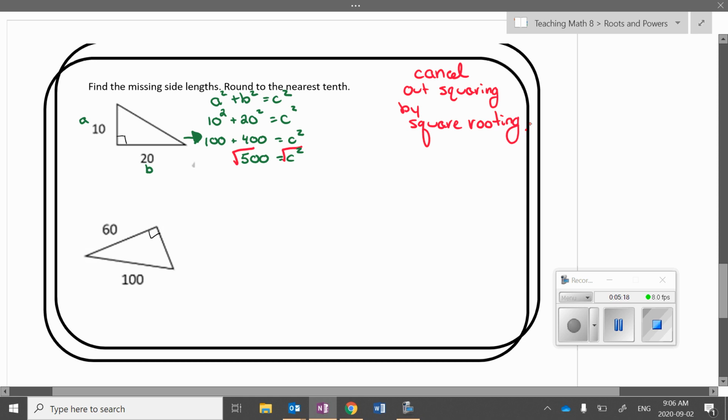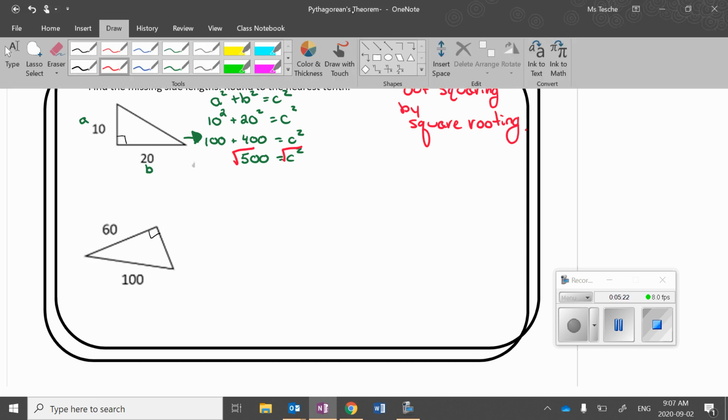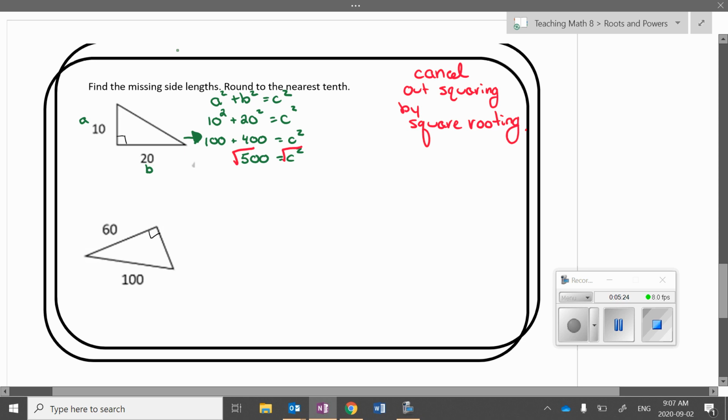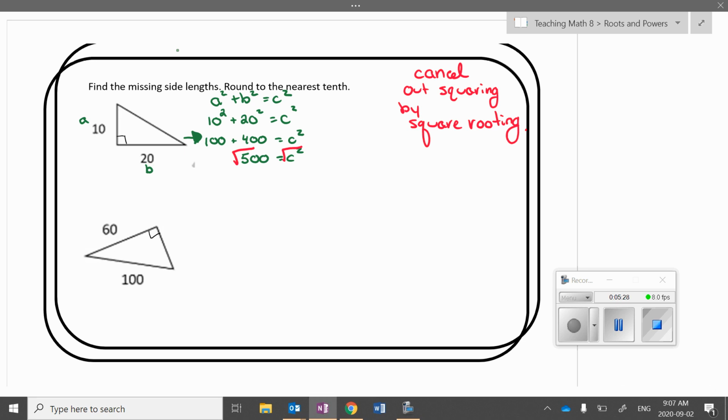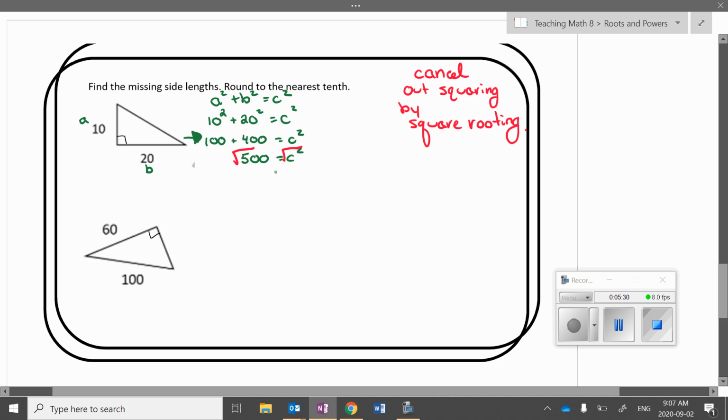Those are really important pieces. So on your calculator, sometimes calculators do this differently, so you'll have to play with your calculator here. Sometimes you'll put in the 500 and then square root. Sometimes you'll press the square root button and then the 500. So I'm going to be left with C on the right side. This said to the nearest tenth. So I get 22.4 is our value for C.